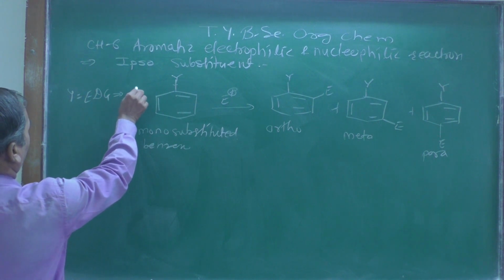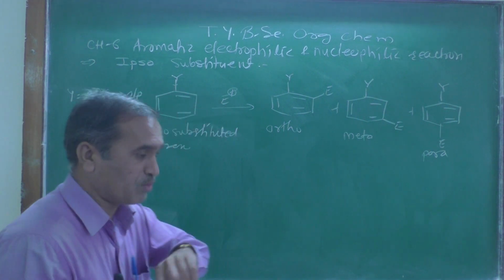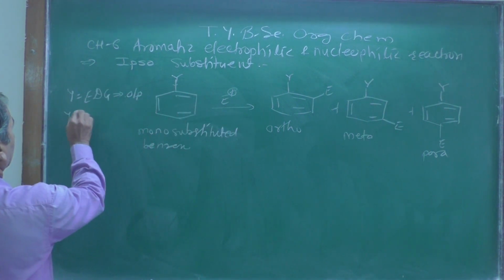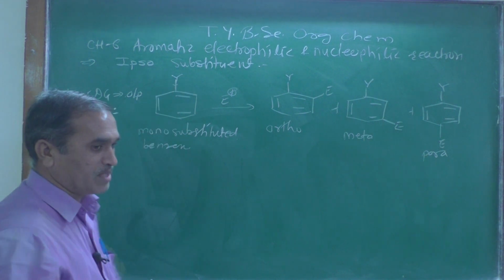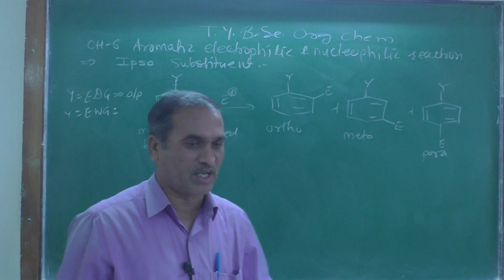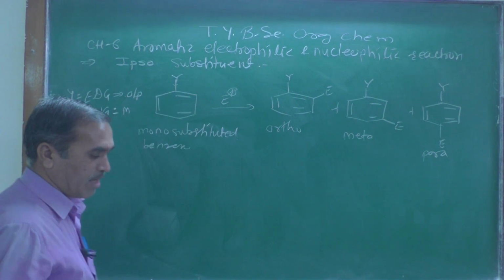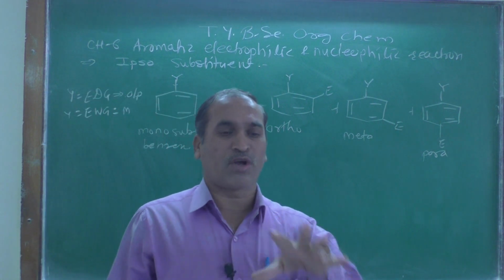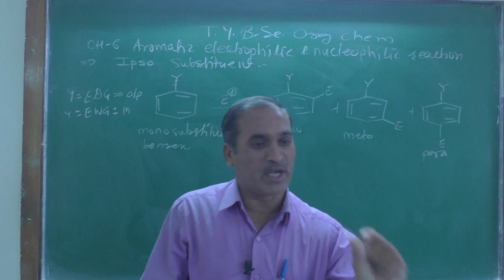It gives ortho and para products, meaning they are ortho-para directors, as we know. If Y is an electron withdrawing group, it gives a meta product, meaning the electron withdrawing group makes the monosubstituted benzene a meta director.